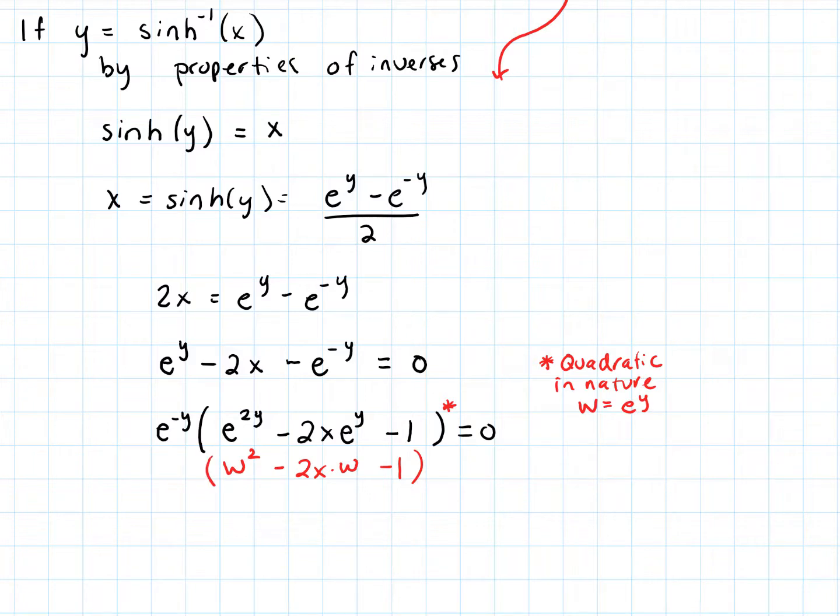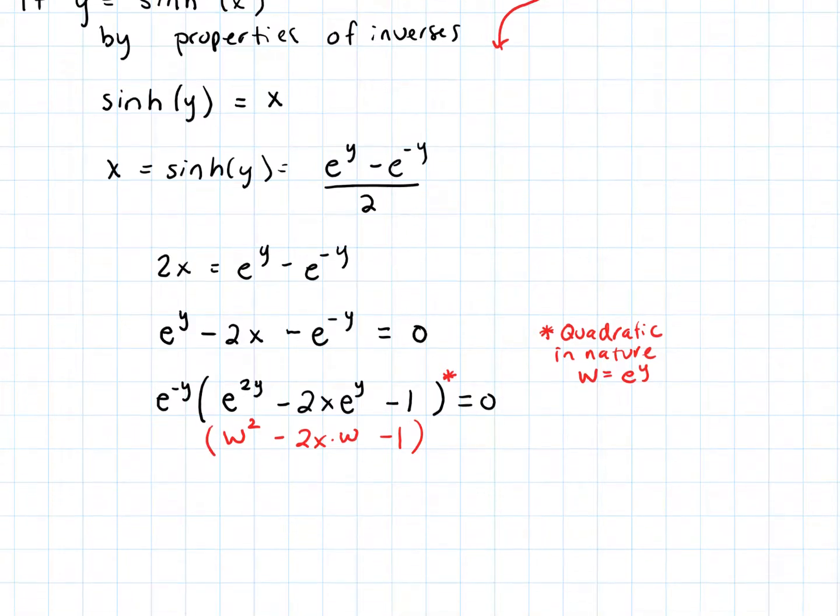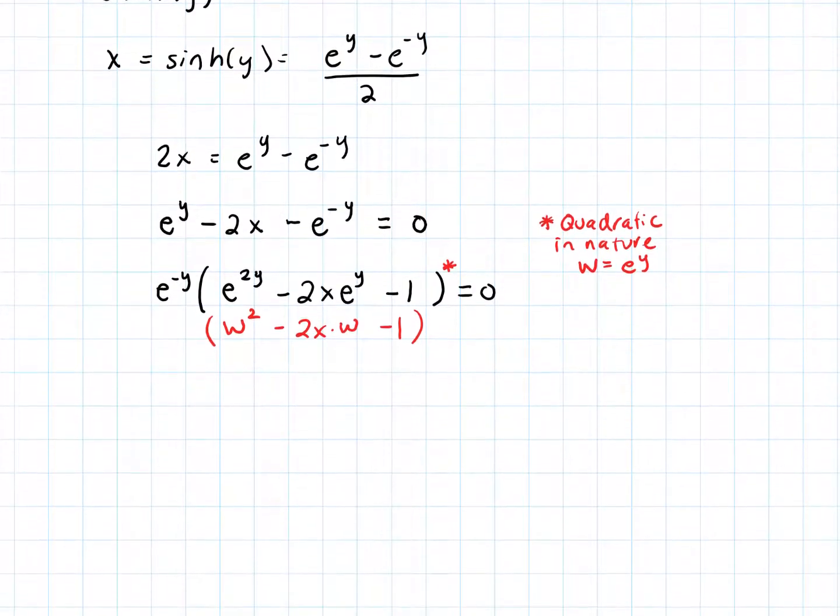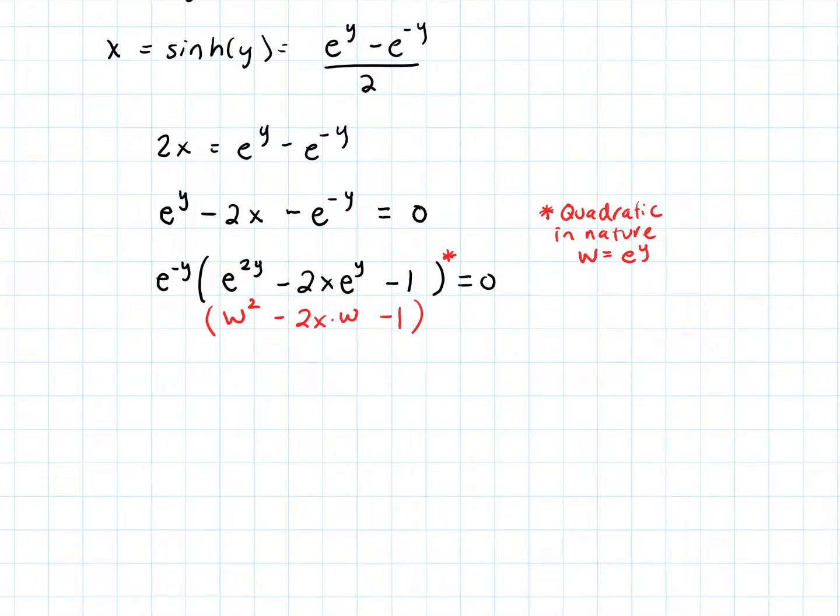So notice that that is quadratic. And since this is equal to 0, this is going to be equal to 0 if e to the negative y equals 0, or if w squared minus 2x times w minus 1 equals 0, where w is equal to e to the y. We'll leave it off to the side here. In a second, we'll have to substitute back in, but we'll leave it in its quadratic form for now.